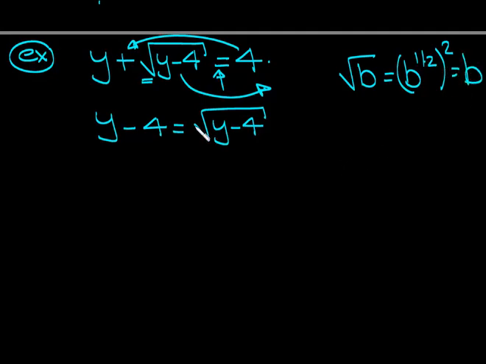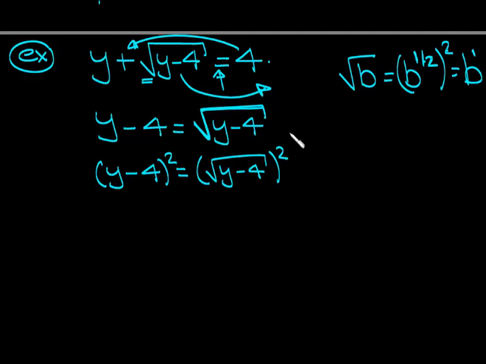Because the radical changes to an exponent of 1/2, we can raise it to 2, because half of 2 is 1. So in this case, we're going to square both sides, and because we're doing it on one side, we're also going to do it on the opposite side.